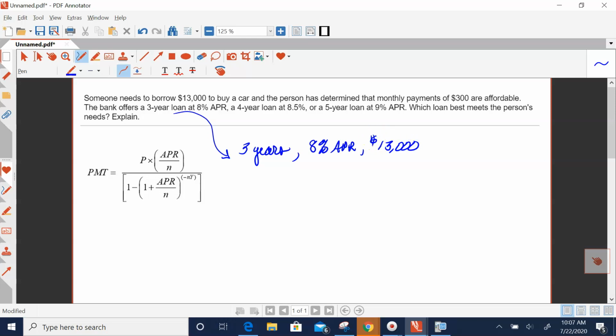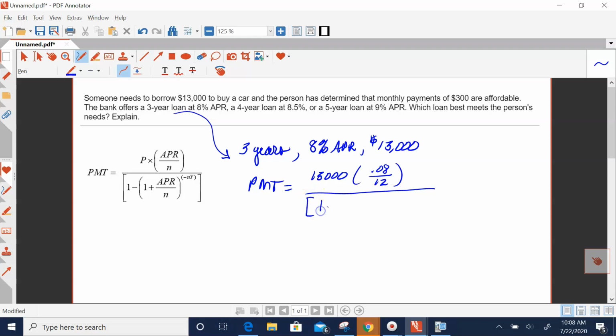So let's put all the values into the variables at play. For the formula, the PMT would be equal to the principal, which would be $13,000, times the APR, which is 0.08, divided by N. In this formula, N is always 12 because we're going to make 12 monthly payments.